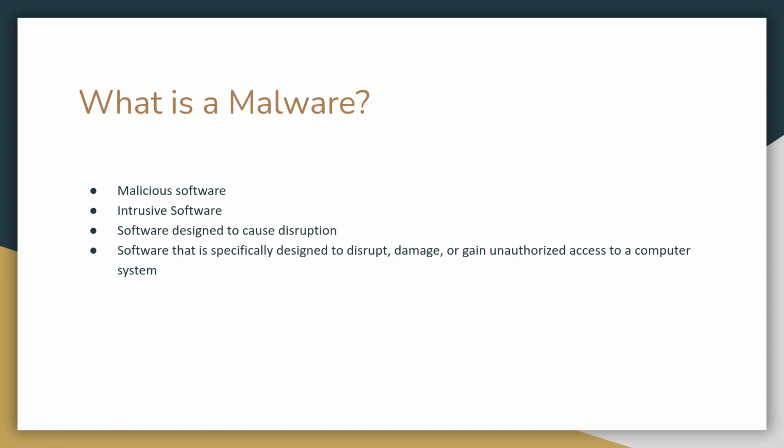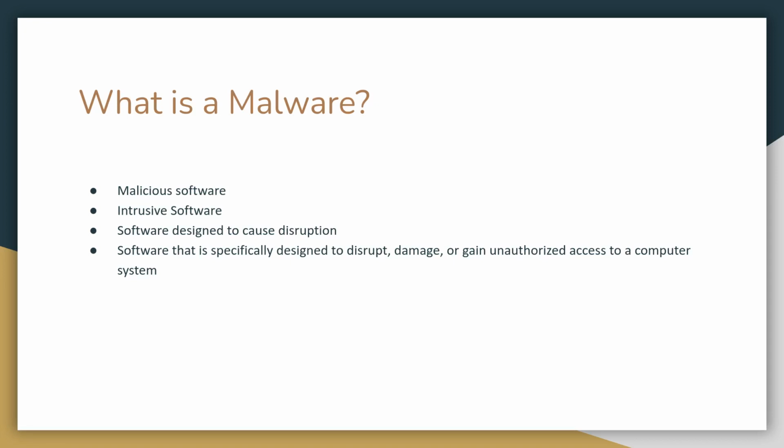So what is a malware? Basically, the word malware is short for malicious software. It refers to any intrusive software developed by cyber criminals, often called hackers. We have the black hackers, gray hackers, or white hackers, right?